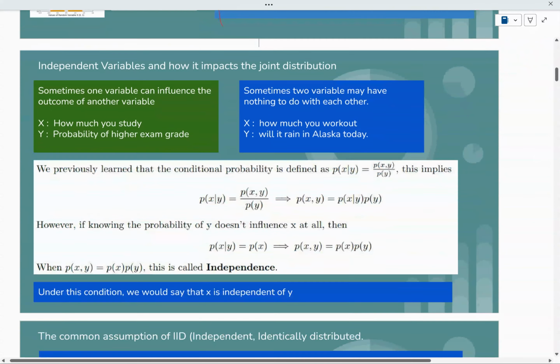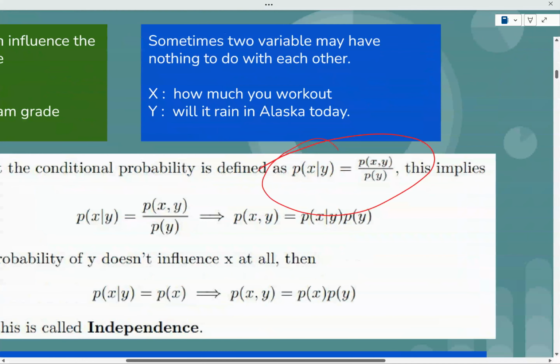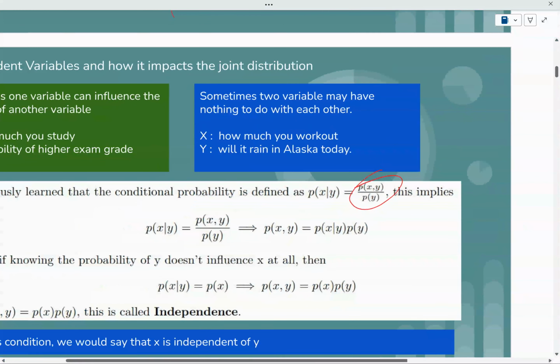Okay, so independent variables. We previously talked about the concept of independence, and independence came from basically conditional probability. So this was the equation for conditional probability, where probability of x given y follows this equation. From the conditional probability, we move this over here, then we know that the joint is the marginal times the conditional.